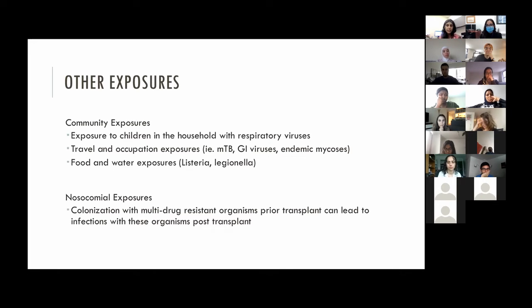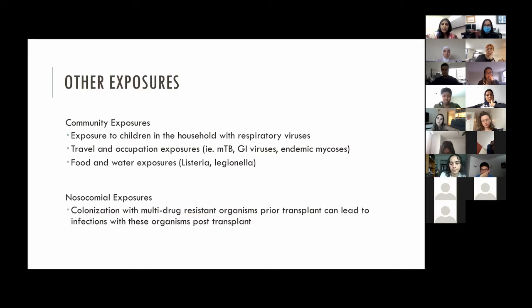And then what else does the recipient bring to the table after transplant? Well, you are also thinking about different types of exposures, such as community exposures. Do they have children at home that they live with, that are a risk factor for respiratory viruses? Have they traveled recently somewhere? Are they at risk occupationally for TB, or do they work in the healthcare setting?